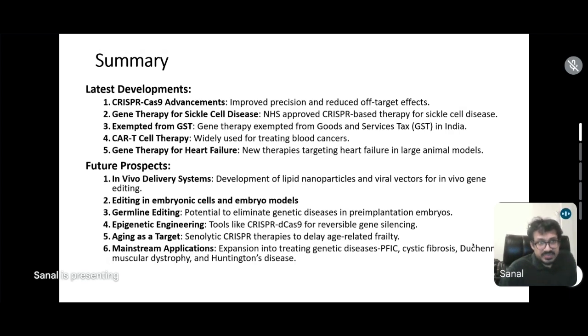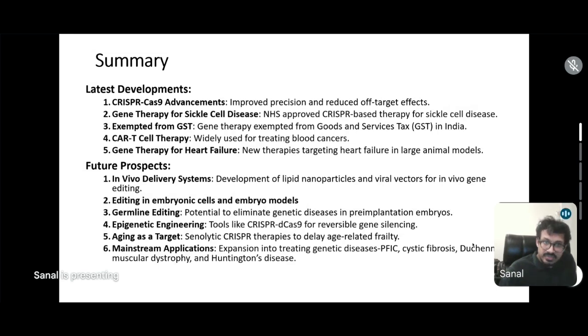And now, second, in India, gene therapy is now exempted from GST, and CAR T cell therapy is now heavily used in leukemias, but in future we would be able to use engineered lymphocytes for solid tumors also more effectively.